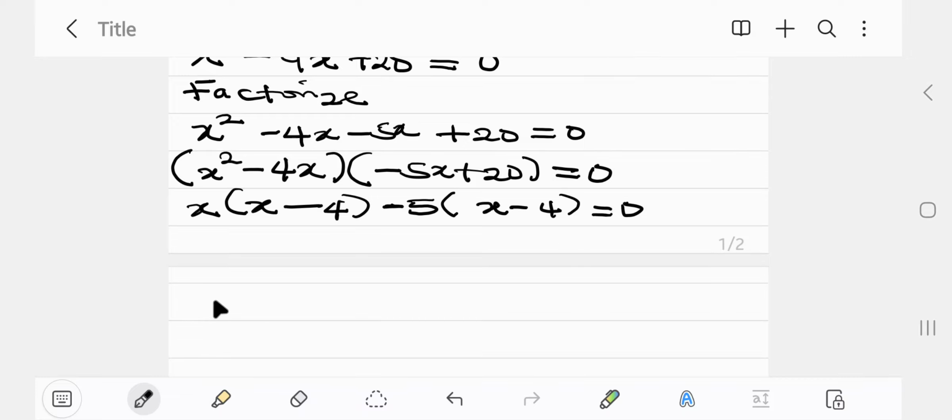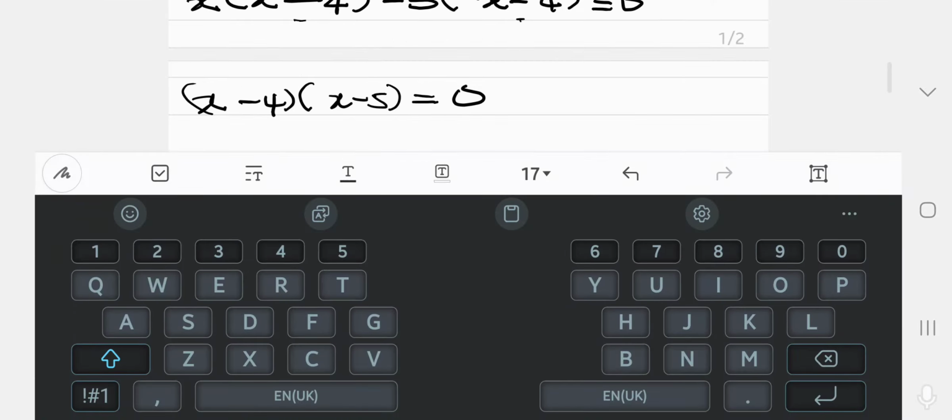So the next thing is to separate this, because we have something that is common here. So we have x minus 4 into x minus 5, which is equal to 0. So the two brackets are equal to 0.